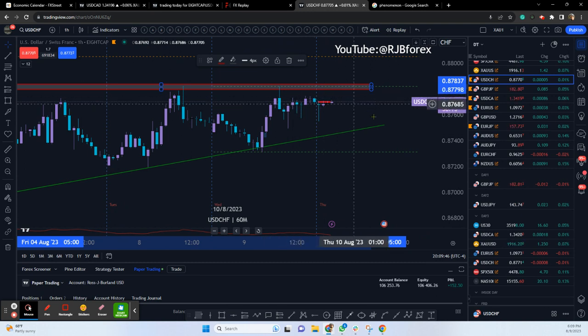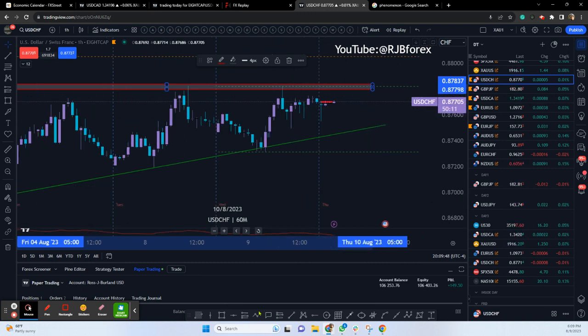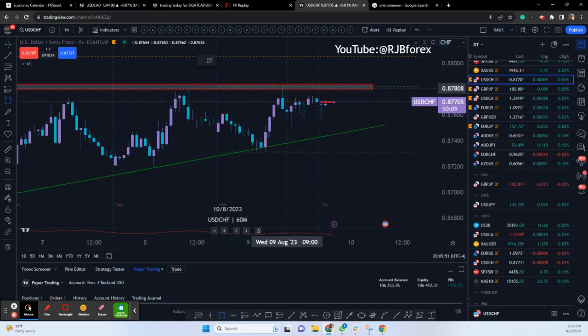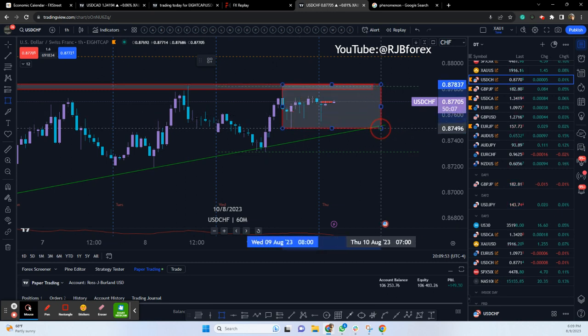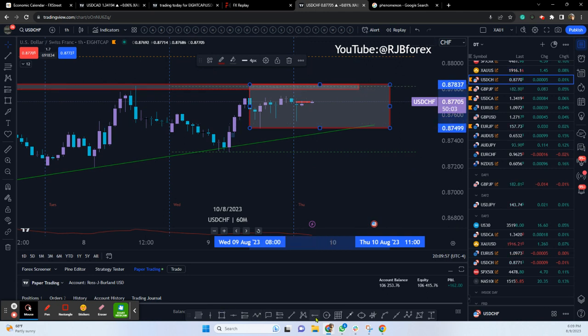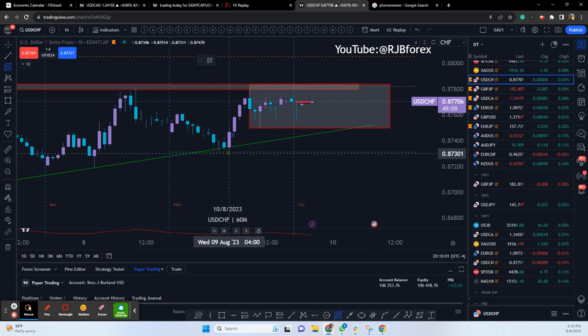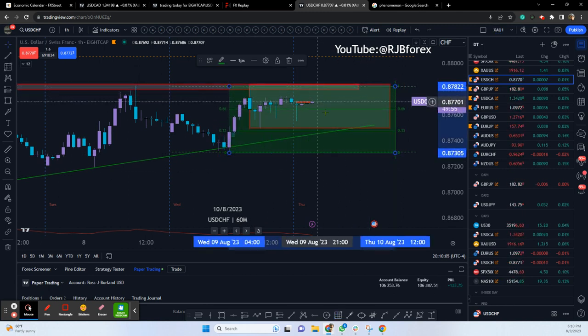Very choppy price action in this box. You can break out of it one way or the other. Bias is to the downside, looking to sell high up within 3 levels of this range, for the short.